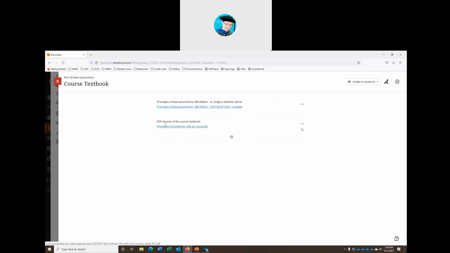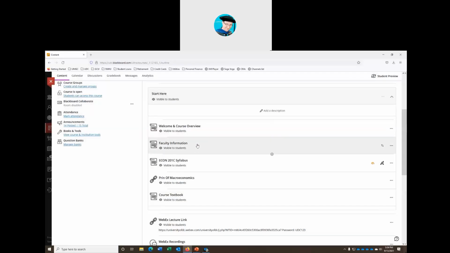It'll open up a PDF version of the textbook, so don't worry about trying to get access to it. It's the same exact chapters. It's the first subset of chapters is what it's classified as. The chapter numbers might be a little different, but I promise you it's all the same textbook.